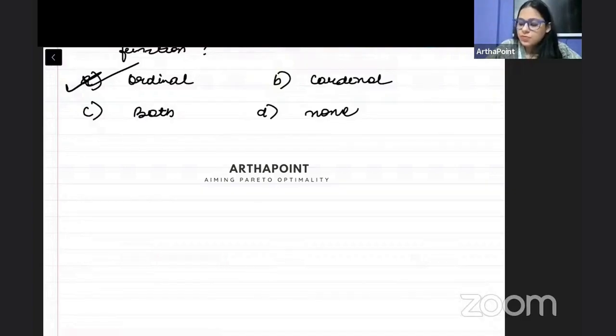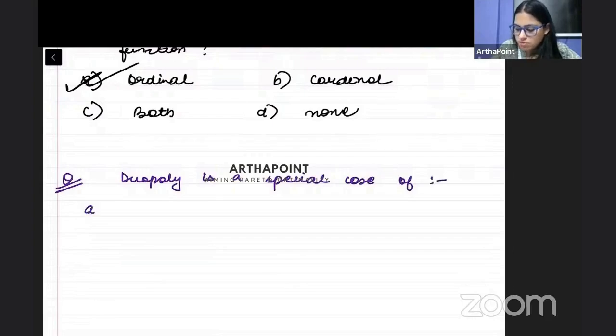So duopoly is a special case of option number A, oligopoly. Option number B, imperfect competition.